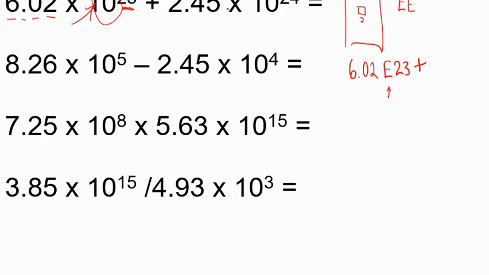Then you're going to repeat the same process that we just did, but enter this number in. So 2.54. You're going to hit the second key, then activate that EE by pressing that comma key. Your screen should say this now. And then you're going to type in 24 and hit equals.